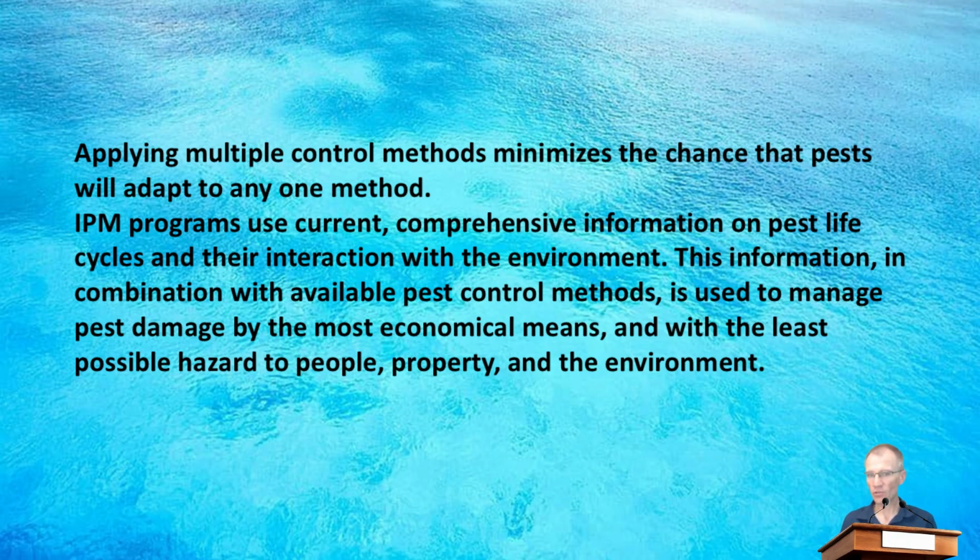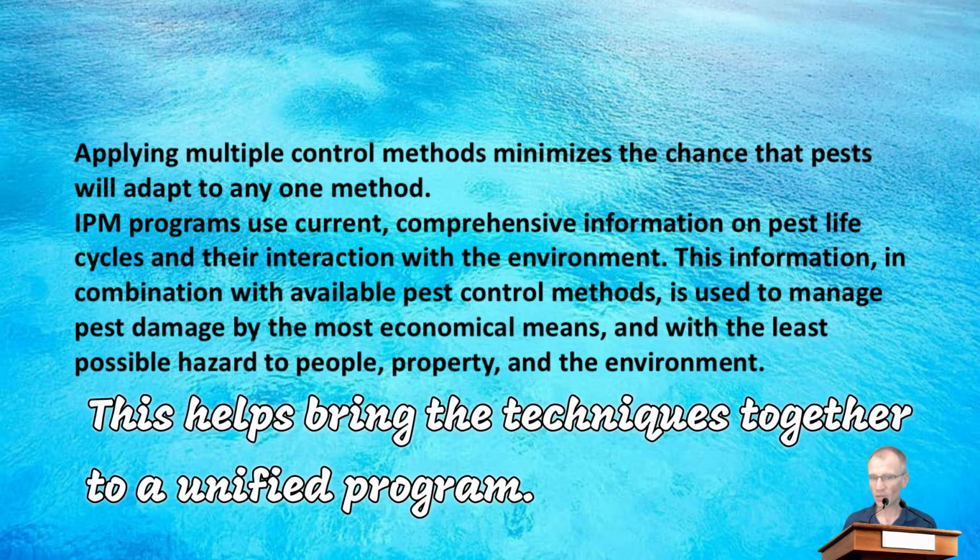IPM programs use current, comprehensive information on pest life cycles and their interaction with the environment. This information, in combination with available pest control methods, is used to manage pest damage by the most economical means and with the least possible hazard to people, property, and the environment.